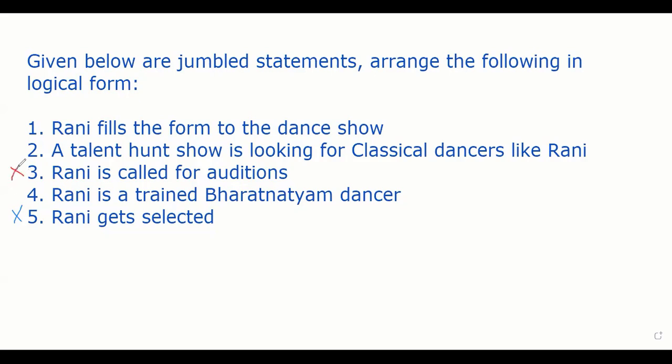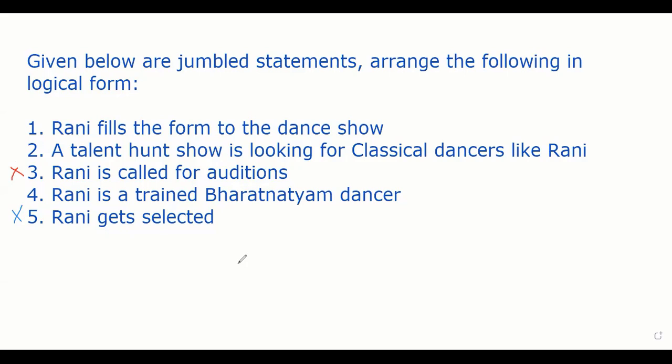Moksha, can you find out for the remaining 1, 2, and 4 which cannot be the first statement? Four. Rani is a trained Bharatanatyam dancer. Why can it not be the first sentence? Because it doesn't include that Rani is filling the form. Okay, but filling the form should be the first one.